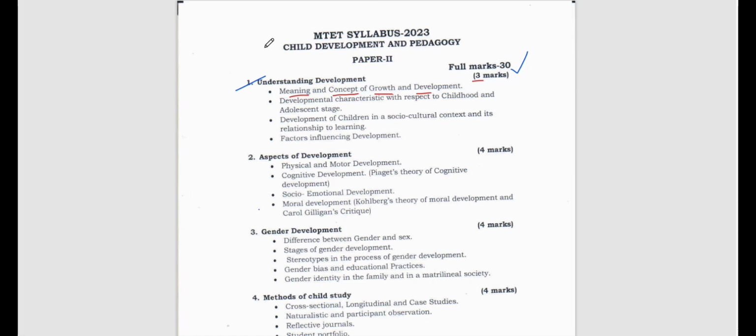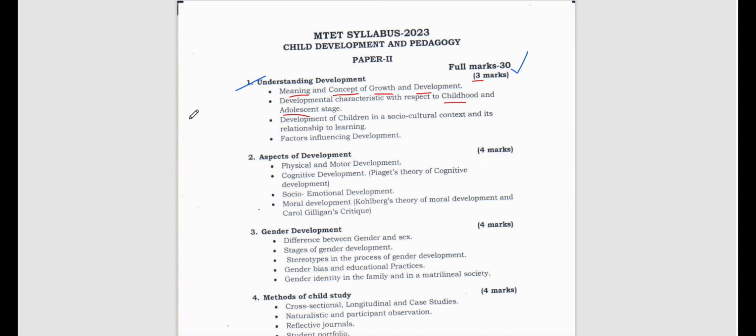There can be different types of development: physical development, moral development, emotional development, social development, then psychomotor development, then development characteristics with respect to the childhood and adolescent stages. These two stages are very important. What is adolescence?